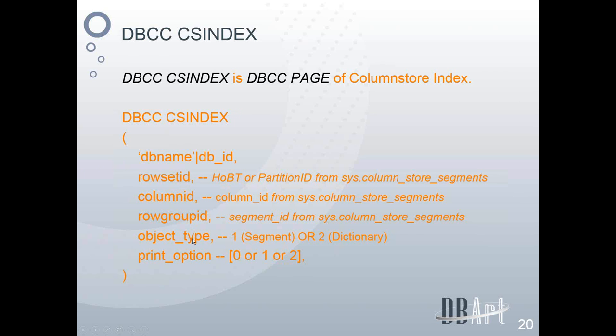Those are the parameters it receives: the database name or database ID, rowset ID, which is the HOBT or partition ID from sys.column_store_segments, column ID, row group ID, which is the segment ID from sys.column_store_segments, object type, 1 for segment, 2 for dictionary, and the print option, like the last parameter we've seen in DBCC page.